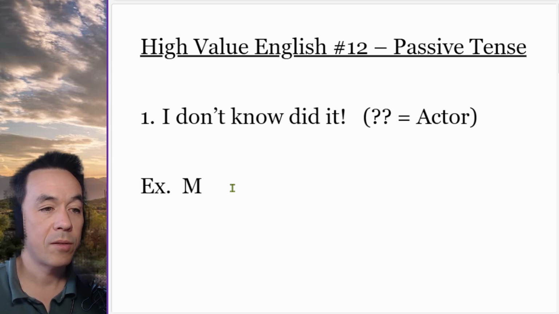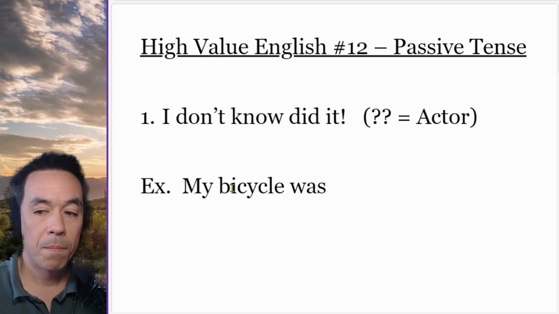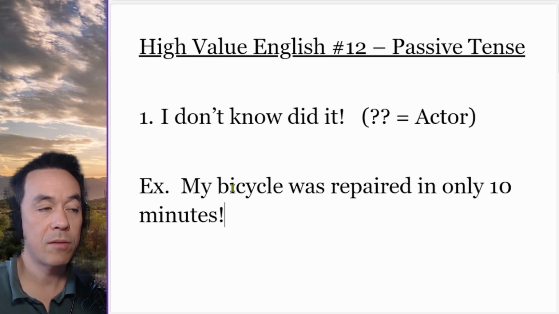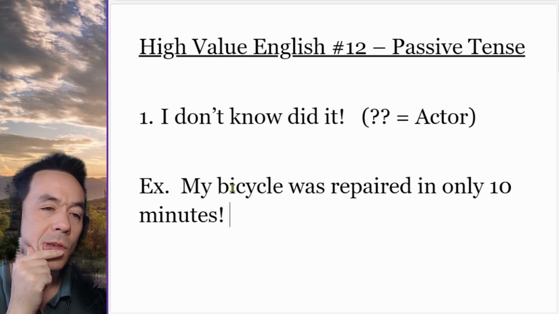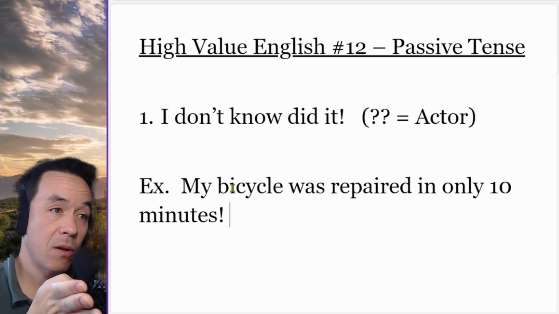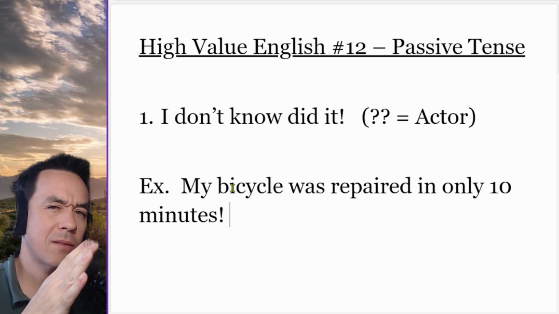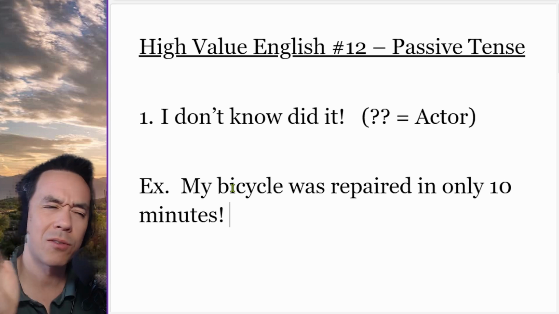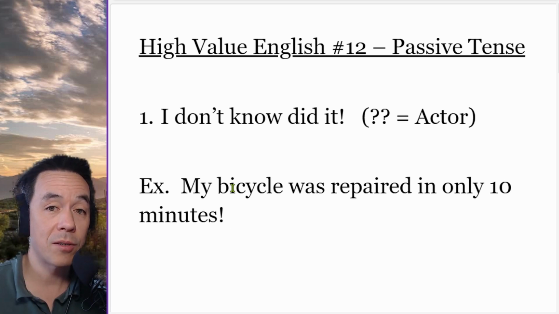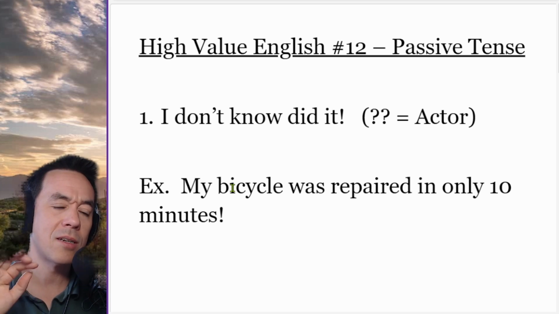We'll say again, my bicycle was repaired in only 10 minutes. Okay, so this again puts the focus on the bicycle. The signal is, don't worry who did it. I don't know, or maybe I do know, but don't worry about that.